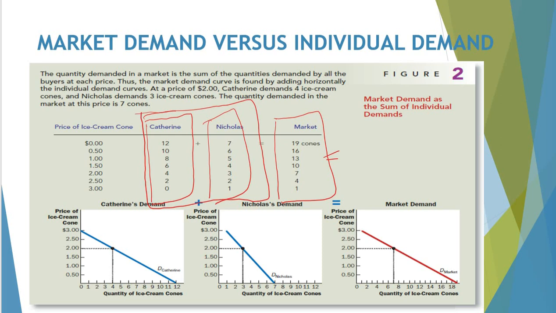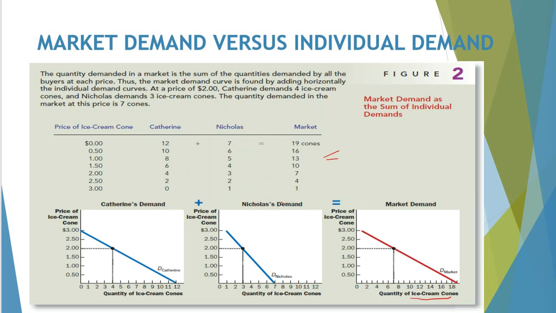Individual demand, as long as benda yang sama. It's not like, macam ni contoh, ice cream cone. Tak kisahlah dia tak cakap brand kan, dia cakap ice cream cone je. So demand ice cream cone. Bukannya Catherine nak ice cream cone tapi Nicholas nak roti.